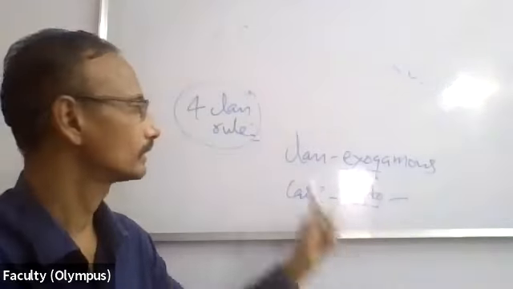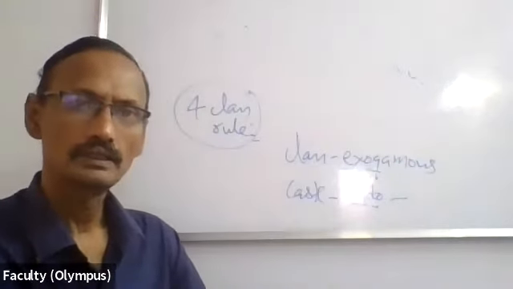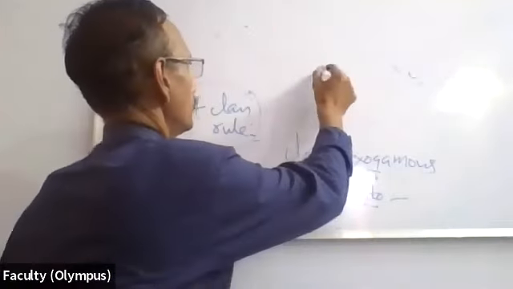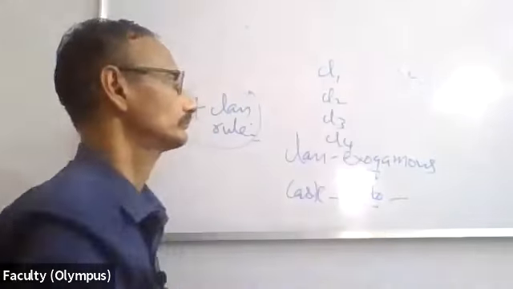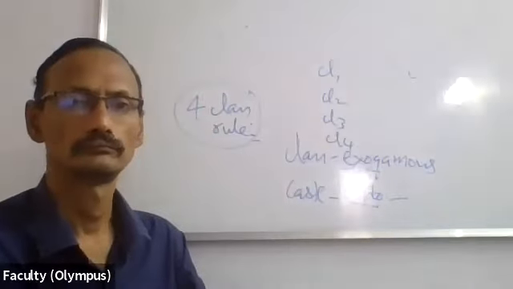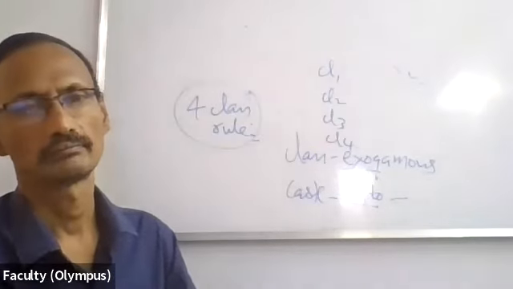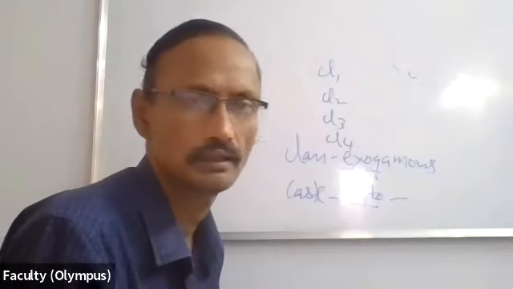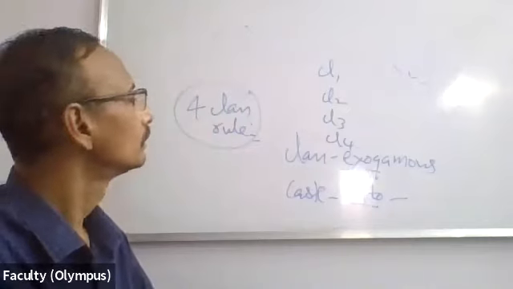Caste is endogamous and clan is exogamous. Sometimes within a caste, clans can be hierarchical: clan 1, clan 2, clan 3, like this. Some clans are superior, some clans are inferior, depending on the resource position.